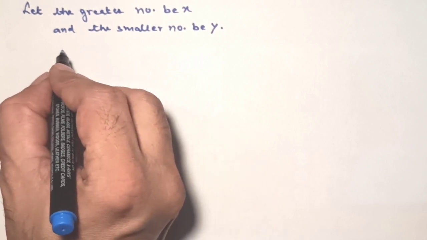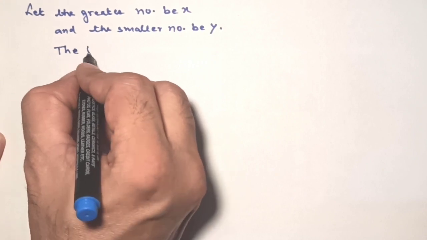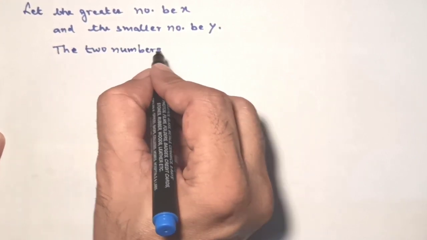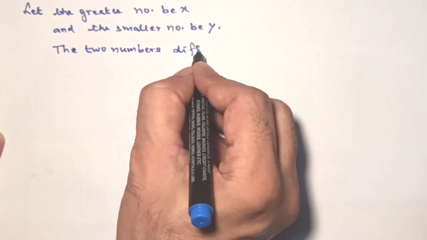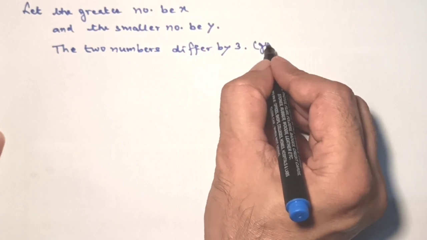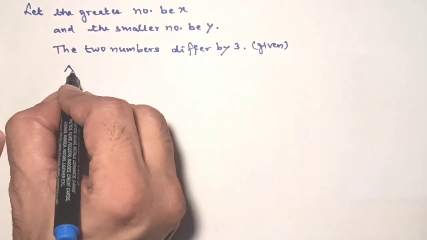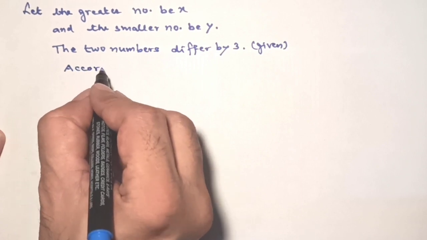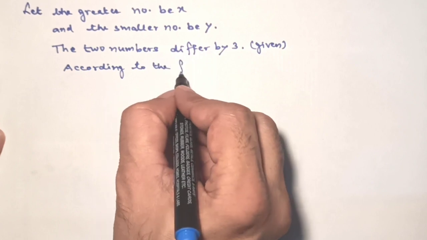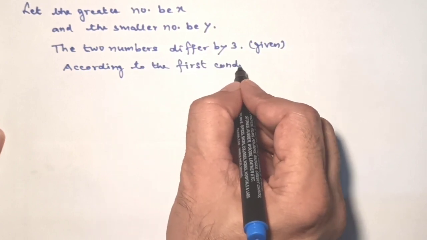It says the two numbers differ by 3. It's given to you, so you can write according to the first condition.